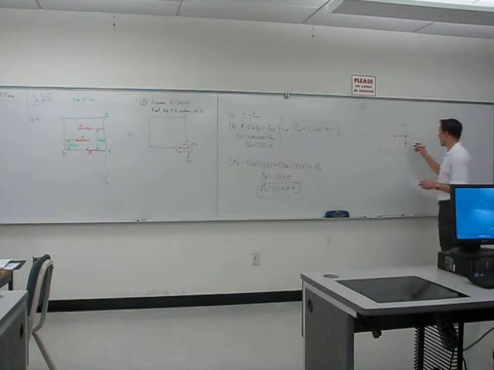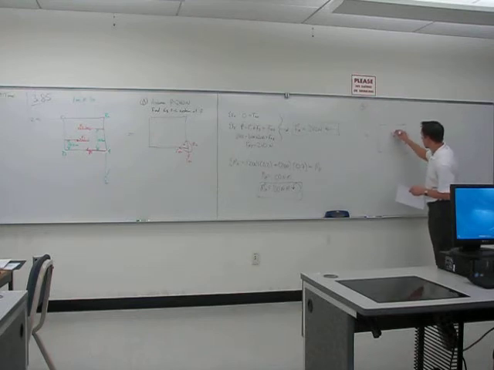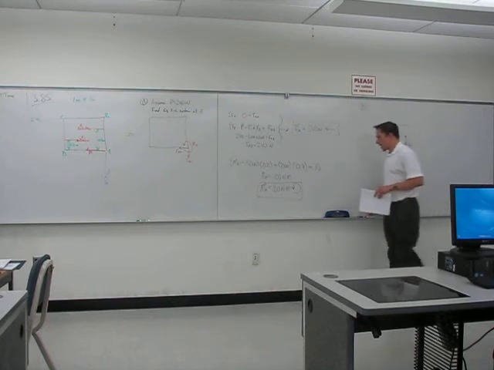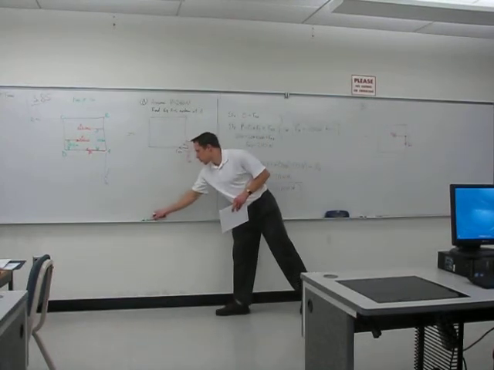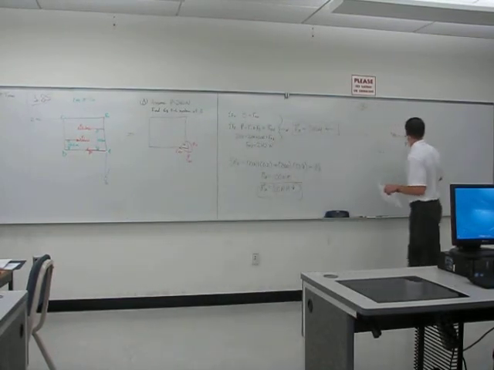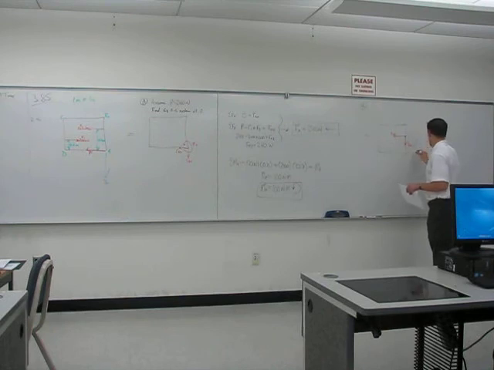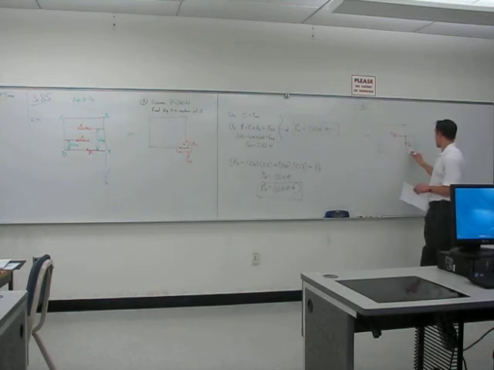So we have here, this would be FEX, and this would be FEZ. And what we need to know is the distance between the point E and the point A, perhaps.